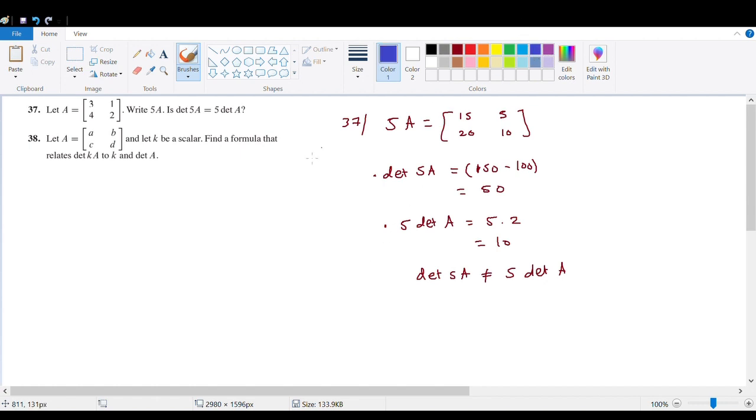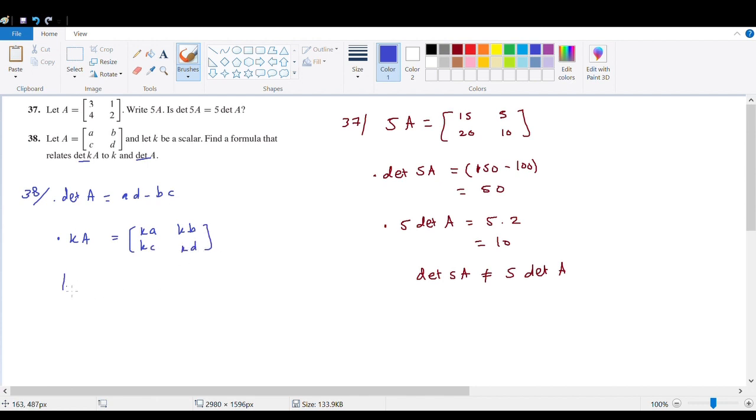Now in 38, let A be equal to A, B, C, D, and let K be a scalar. Find a formula that relates the determinant of KA to K and the determinant of A. So for 38, the determinant of A is equal to AD minus BC. Now first let us find what KA is. KA is equal to KA, KB, KC, and KD.